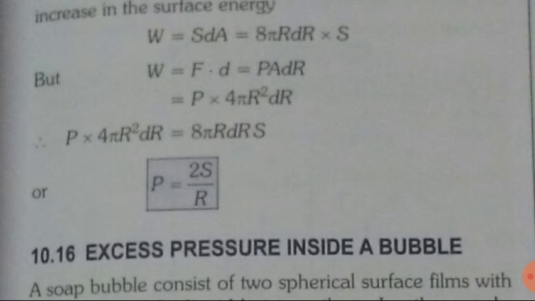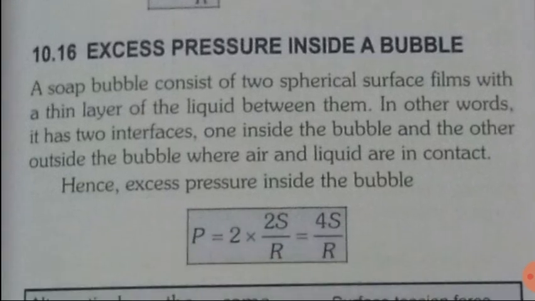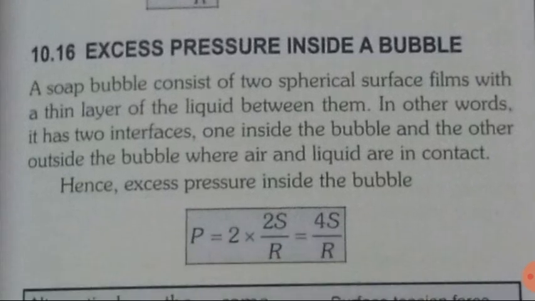Then here we have discussed the liquid drop, but what will happen in the case of a liquid bubble? See, in the case of a bubble, we have two free surfaces. The bubble is hollow from inside. Are you understanding this?